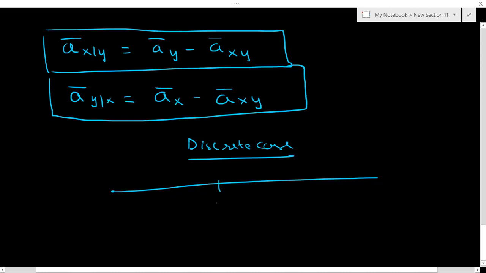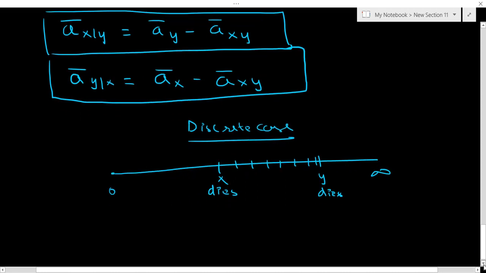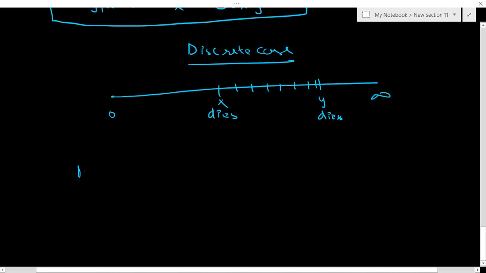So now what is happening is, between the death of x and the death of y, I'll be paying at the end of every year a certain amount, going from 0 to infinity.